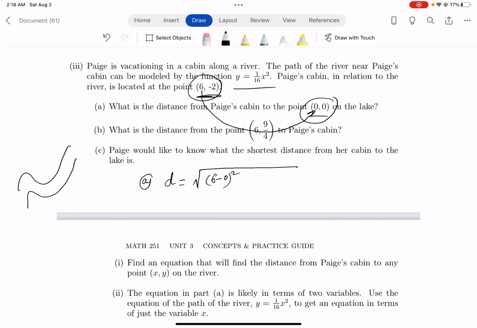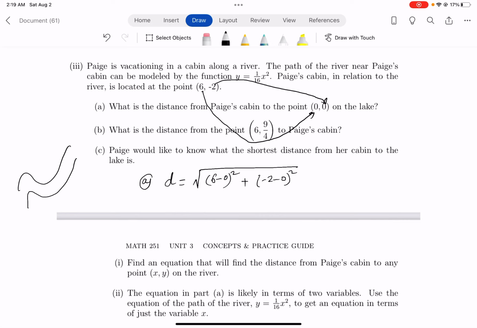Either way, you can do 0 minus 6 or 6 minus 0, because the square is going to take the minus out. And for the second one, you're going to do minus 2 minus 0. So it's 6 minus 0 and minus 2 minus 0 here, plus (minus 2 minus 0) squared.